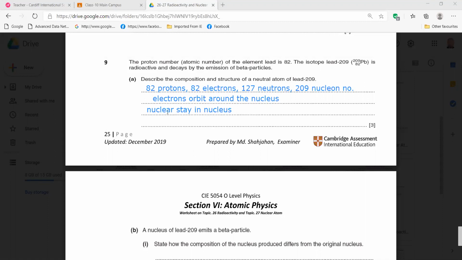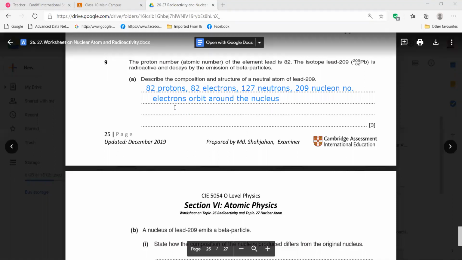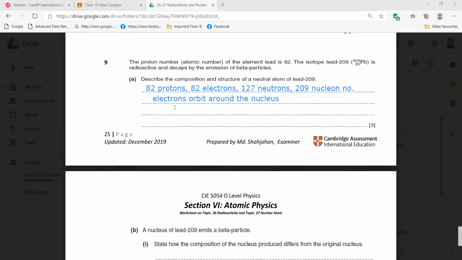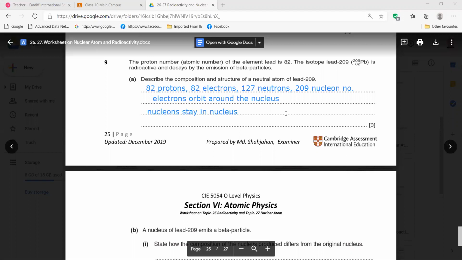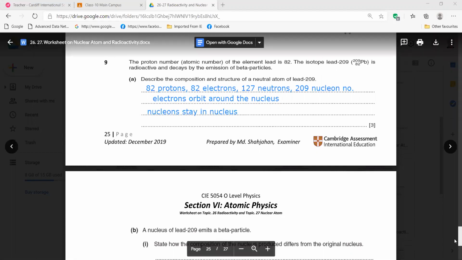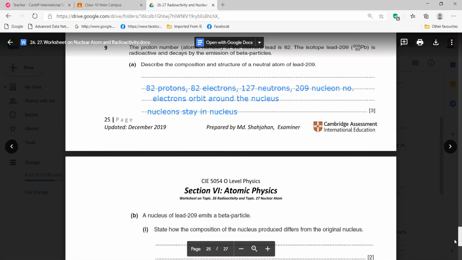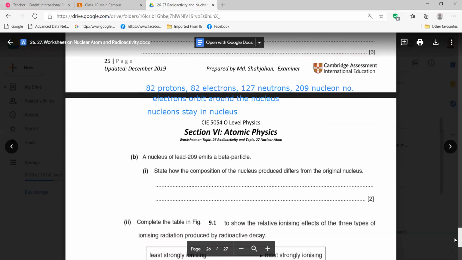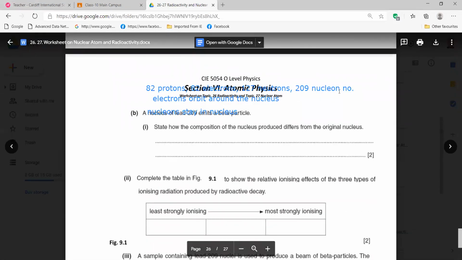Nucleons stay in the nucleus. So done. We can go to the next part, right? Those who missed class before, you did not have this idea, please take these notes. Then next.